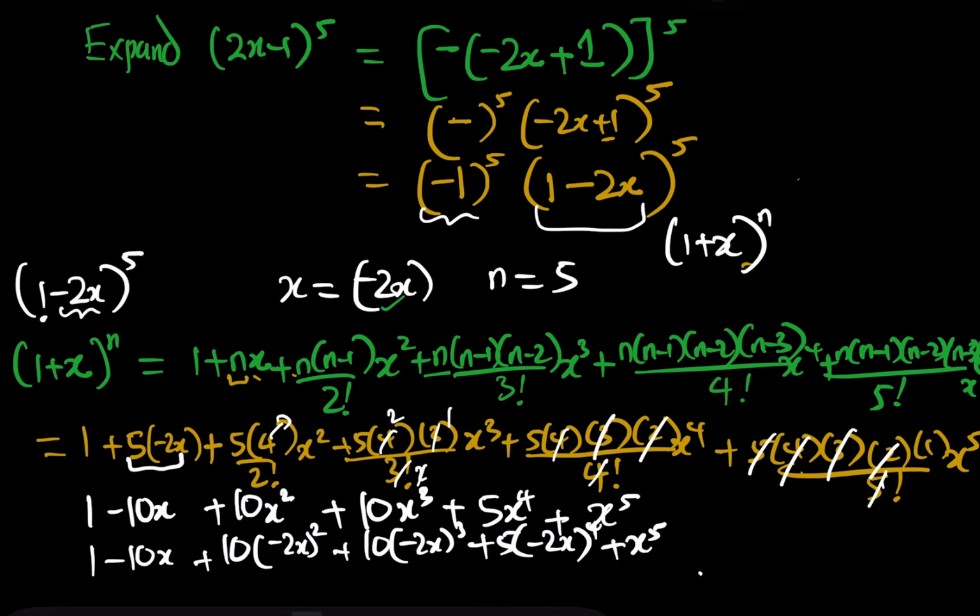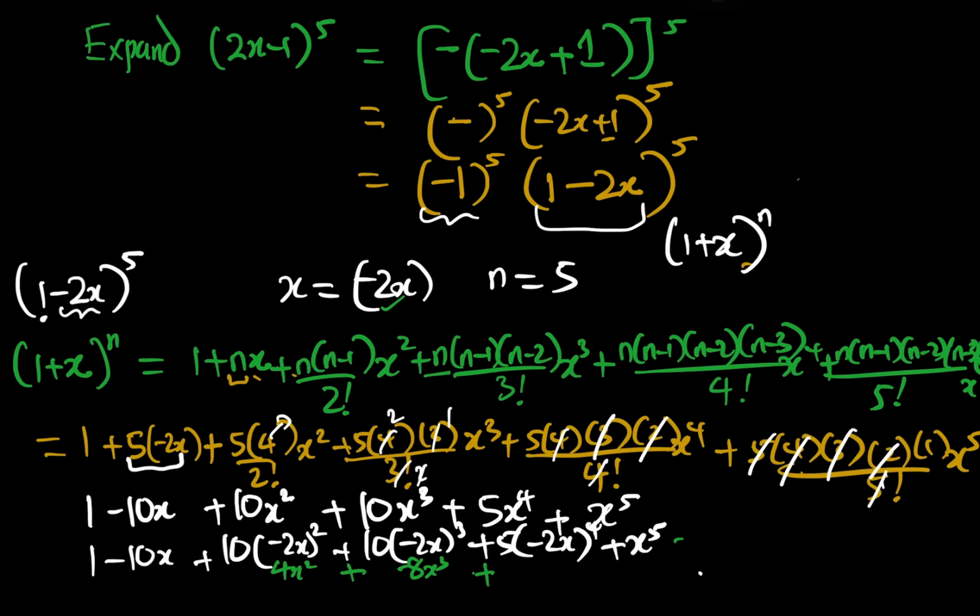Okay, so we can continue simplifying by having this one become 4x squared. This one becomes negative 8, this becomes negative 8x cubed. This plus, and this becomes plus this to the power squared, cube, 4, and 5, right?